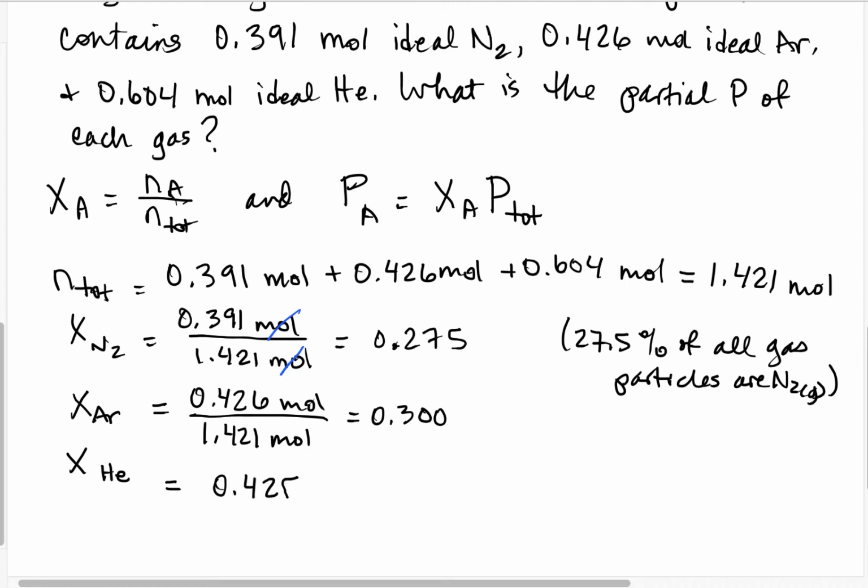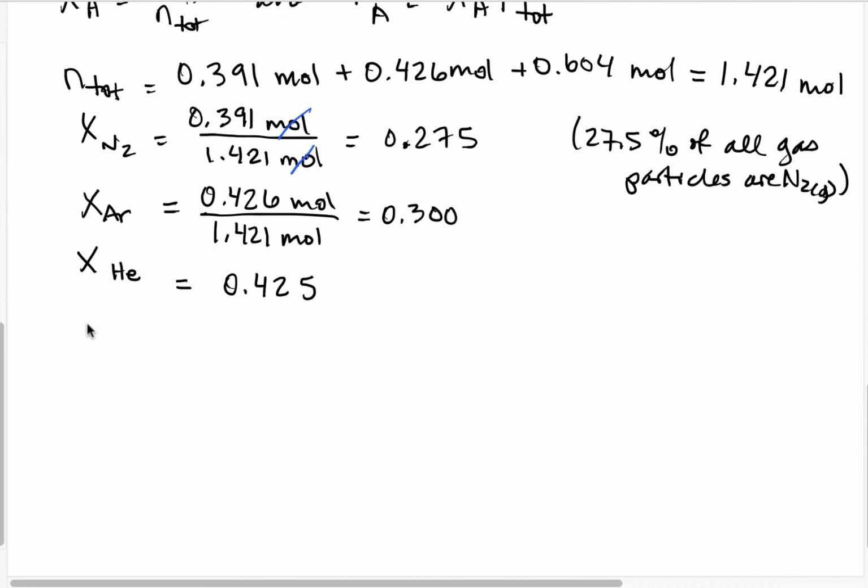So one of the first things to be aware of is that because these are fractions, they all need to add up to 1. So however many gases you have, if you add up those mole fractions, they all need to add up to 1. So check that and make sure that it adds up to 1.